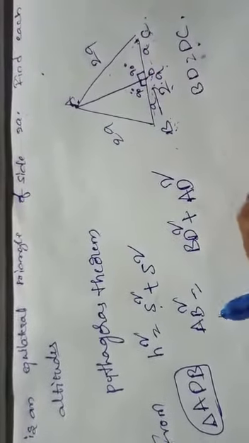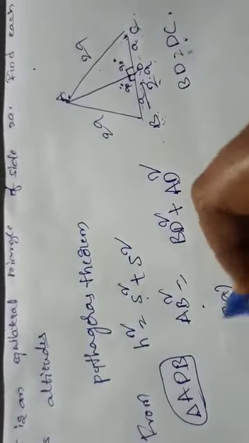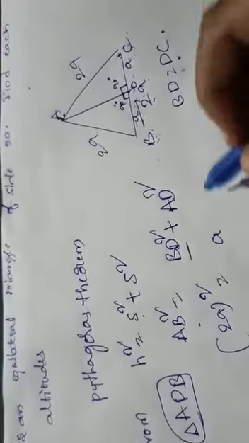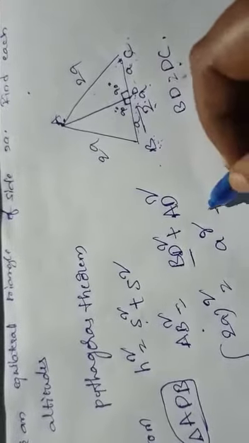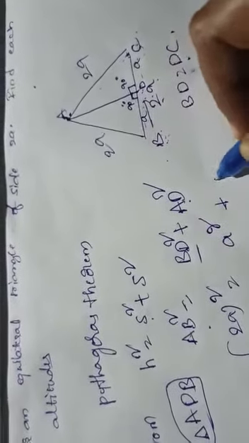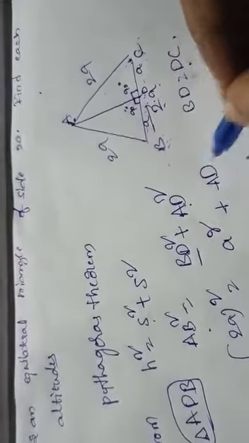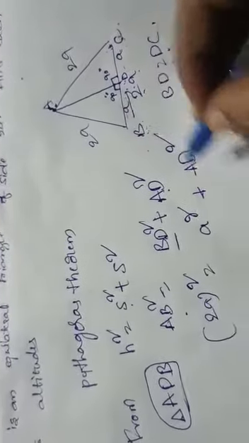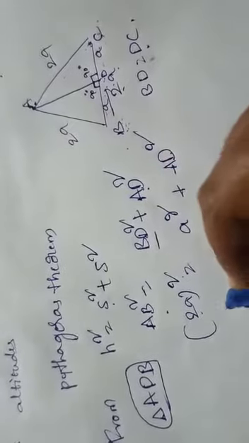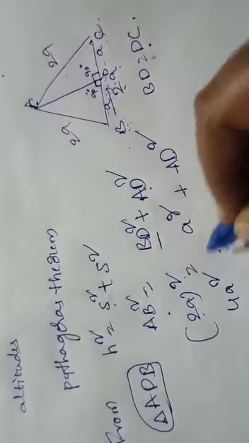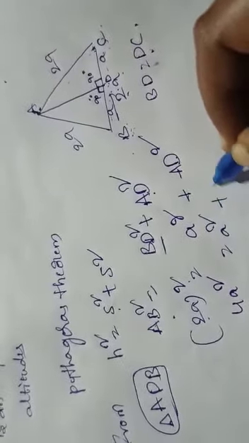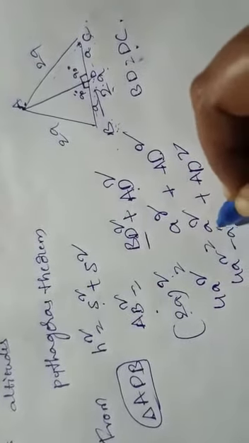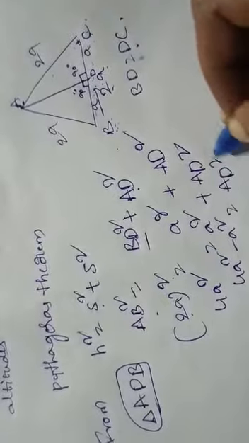We know AB value is 2A. 2A whole square equals BD square, BD equals A, so A square. We don't know AD. Here we have to find the AD value. AD is the altitude of triangle ABC. 2A square equals 4A square. 4A square minus A square equals AD square.